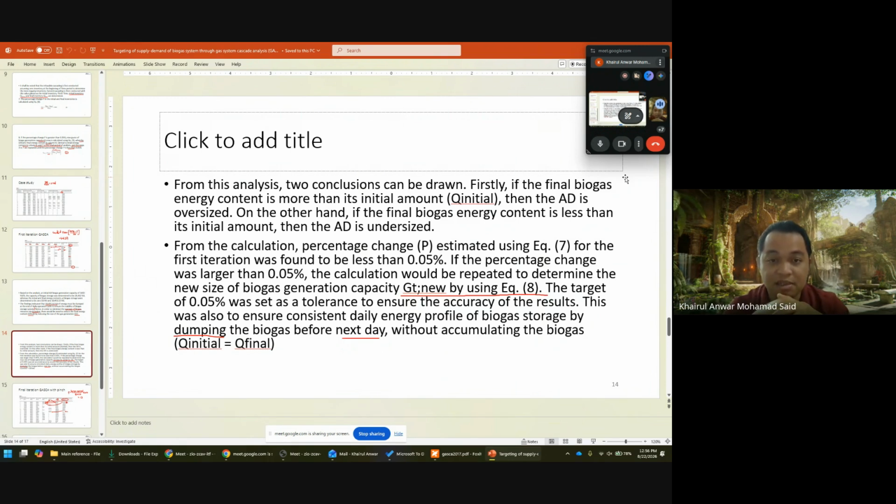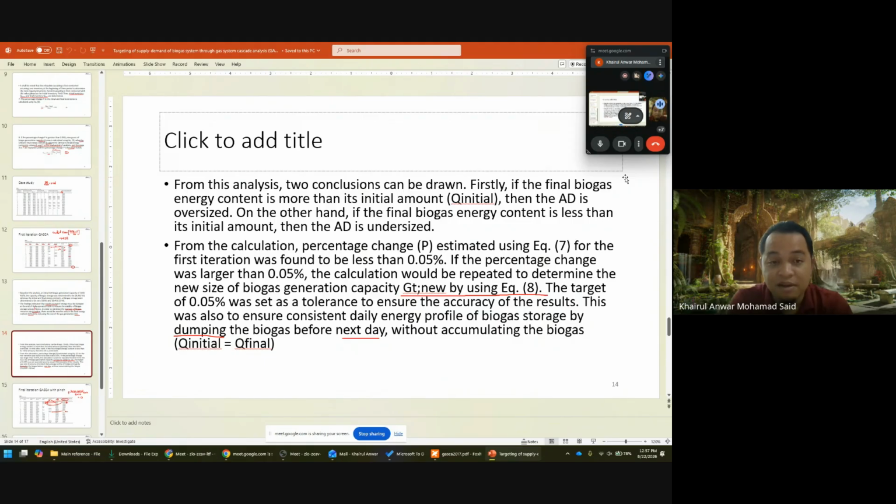So from the calculation, the percentage change estimated using equation 7 for the first iteration was found to be less than 0.05%. If the percentage change was larger than 5%, the equation would be repeated to determine the new size of biogas generation capacity, GT new, by using equation 8.